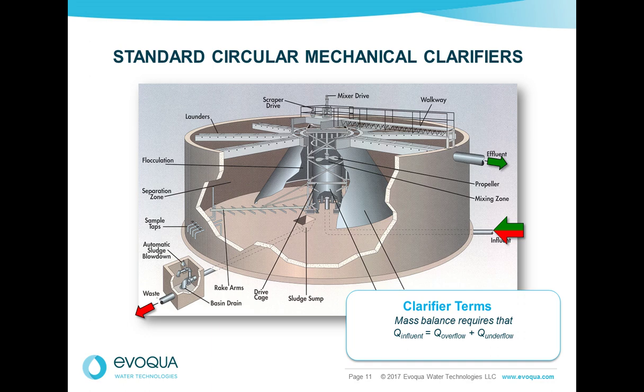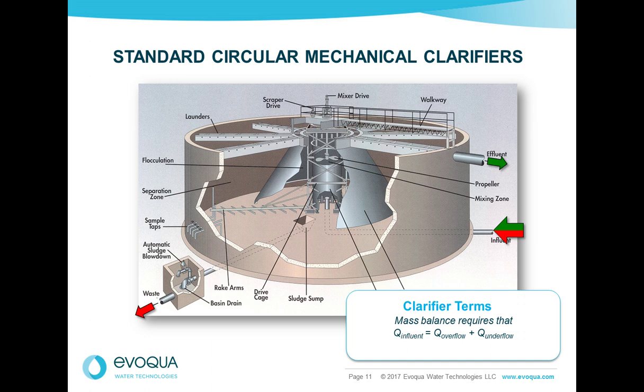Settled solids are fluidized on the bottom by the mechanical rake, collected in a sump and removed either by blowdown or wasting from the system. And there are other systems as well. There are other designs that employ hydraulic removal of settled solids, such as an Evoqua Tow-Bro clarifier, and I'll describe a little bit of that later on as well.